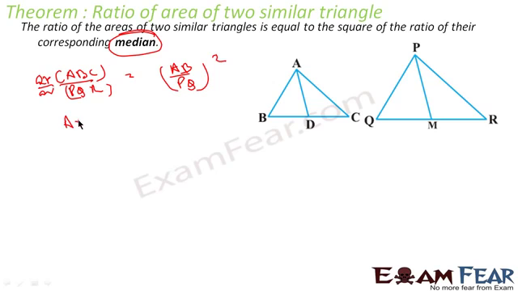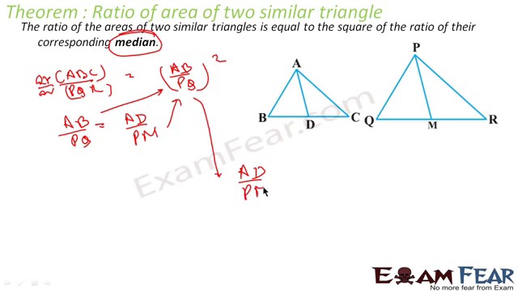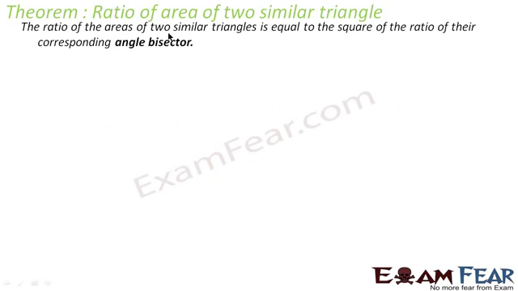Also, we have proved that AB by PQ is equal to AD by PM in the last slides. That is, ratio of sides is equal to ratio of medians. So instead of AB by PQ, I'll put this here. So this becomes AD by PM square. So we can say that ratio of area of two triangles is equal to ratio of the median square.